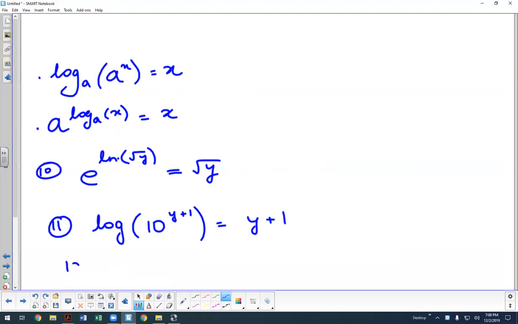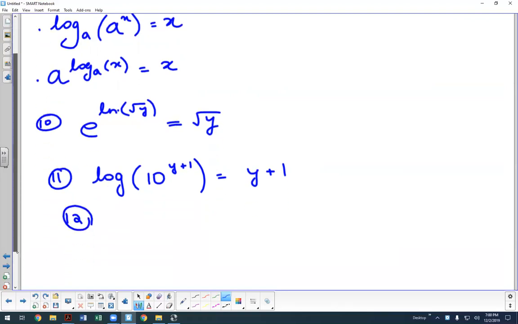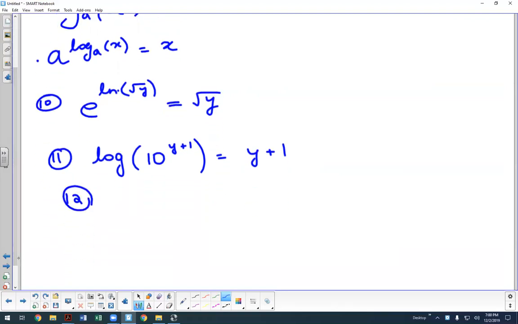For number 12, you have 7 raised to the power of log base 7 at a value of 999. So what will that guy end up becoming? Yeah, 999, because again, both base 7 cancel each other out, leaving you behind with just a 999.